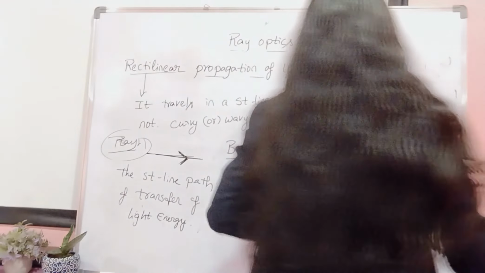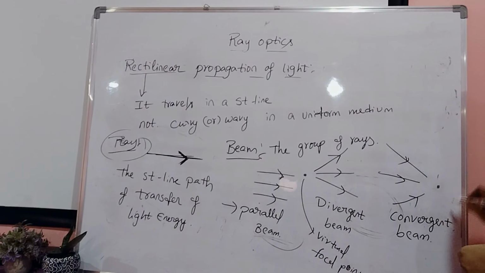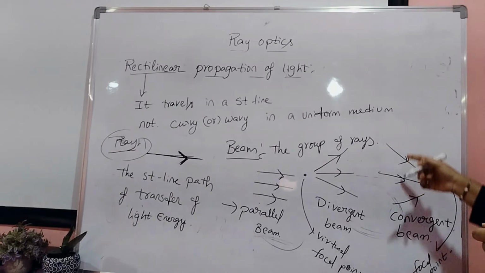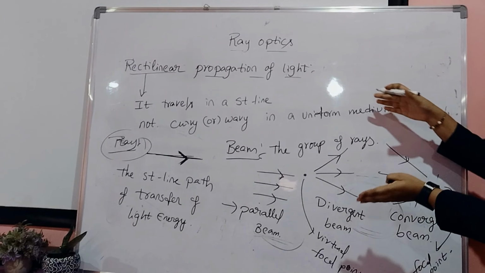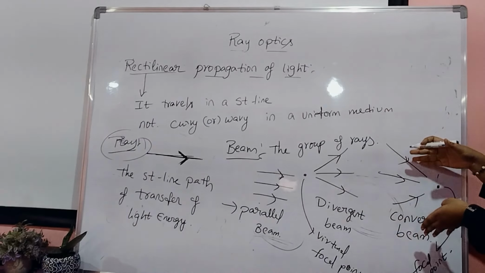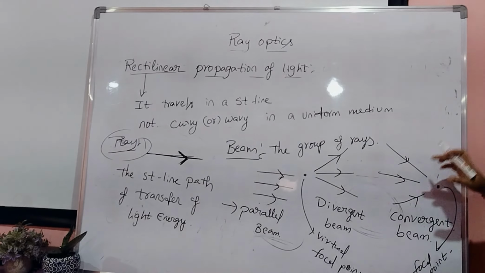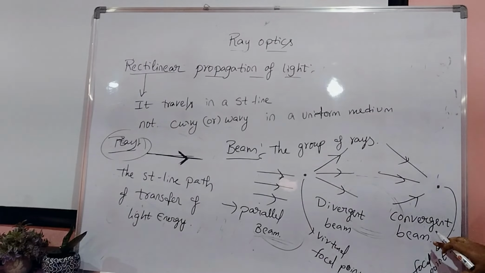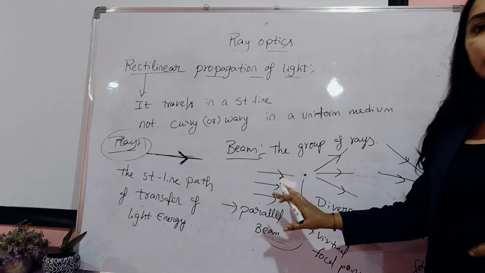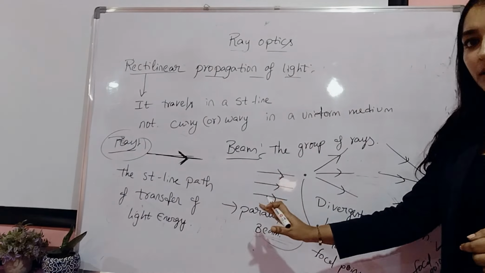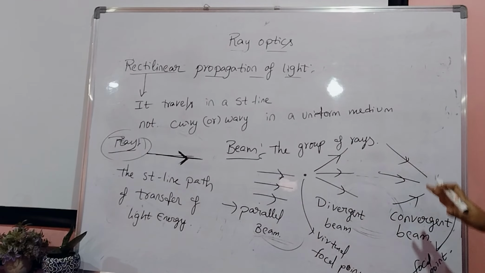So this point is focal point. Clear? So a group of rays are coming from various directions and they are going to meet at one point. That is called focal point. So you understood the difference between parallel beam, divergent beam and the convergent beam.